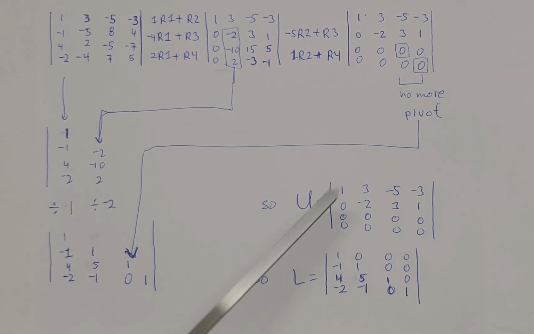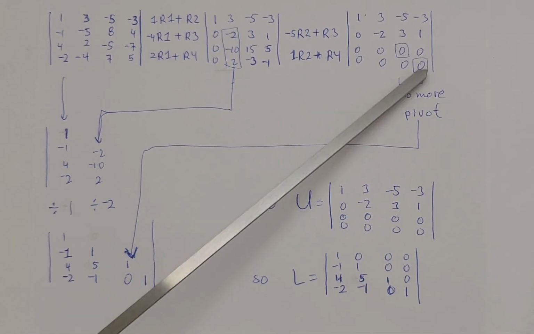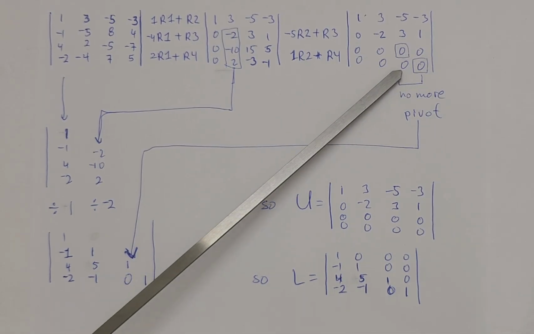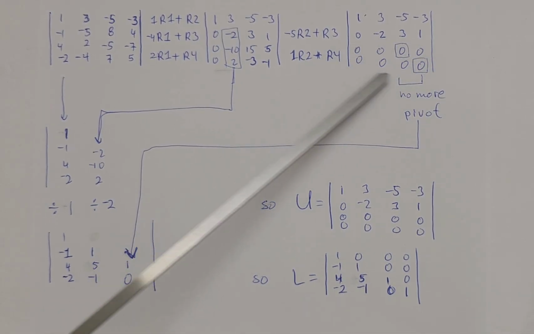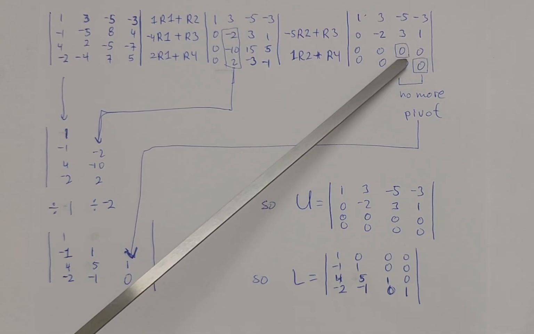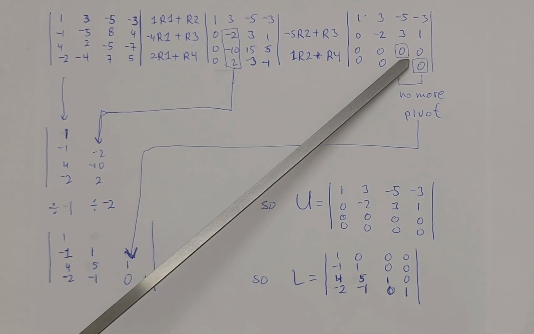Okay, and as you can see, this is already a 0, so there's nothing else to do. We can stop here because there's nothing else to calculate to make them 0.